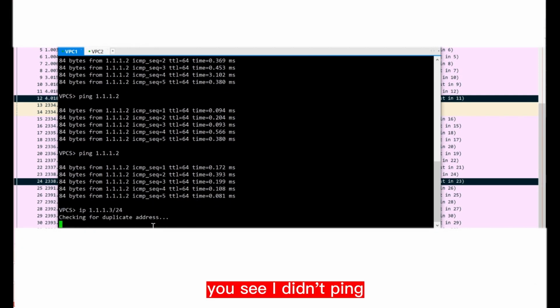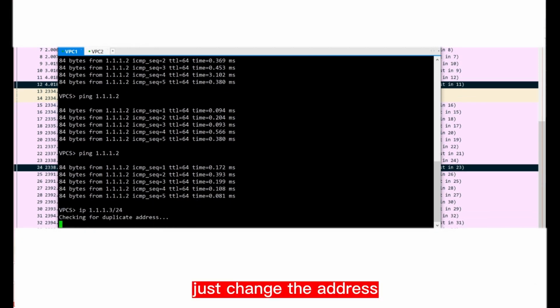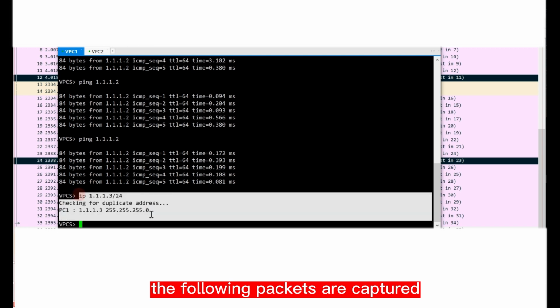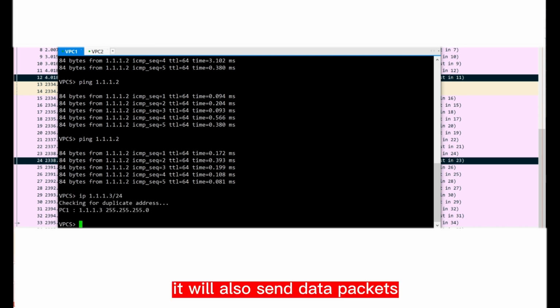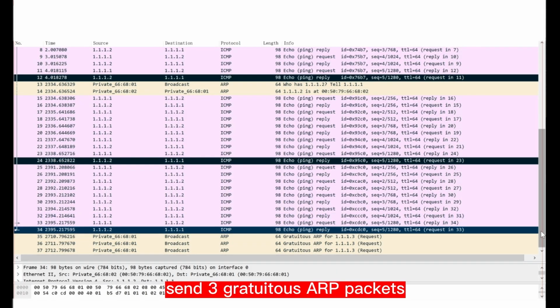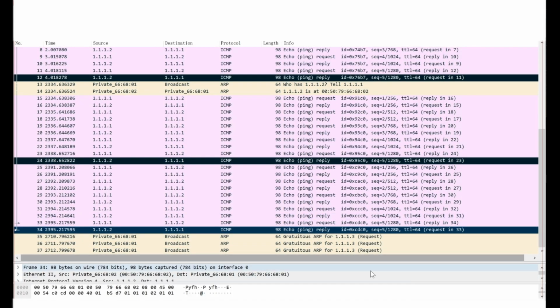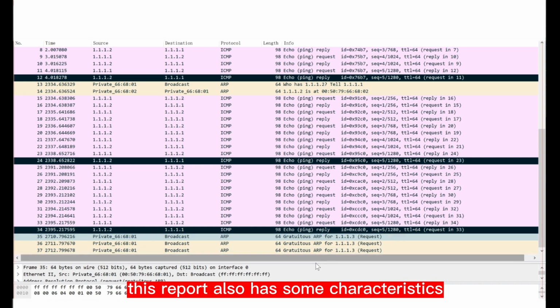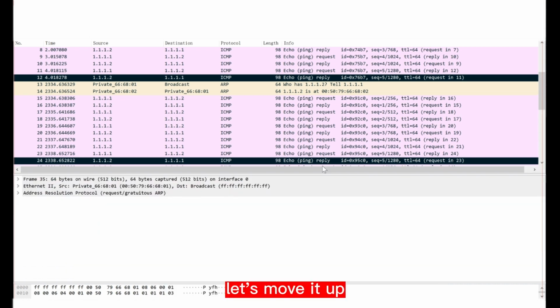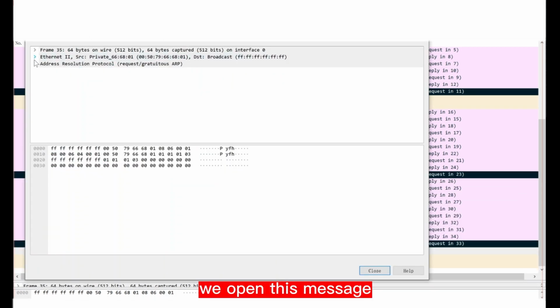You see I didn't ping. I just changed the address, and the following packets are captured. It will also send data packets if the address is changed. It sends 3 gratuitous ARP packets. This packet also has some characteristics. Let's move it up and open this message.